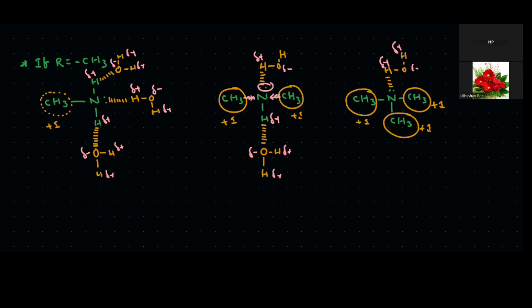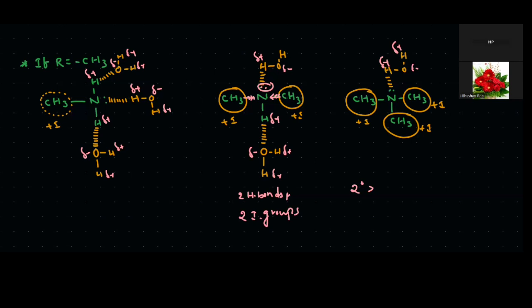So hydrogen bonding is present, and at the same time inductive groups are also present. So two hydrogen bonds and two inductive groups are equally present. That's why secondary is always greater.